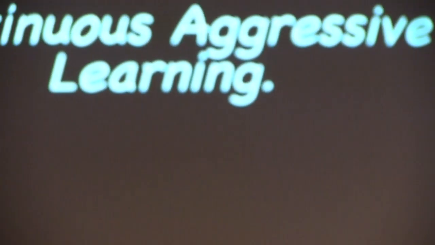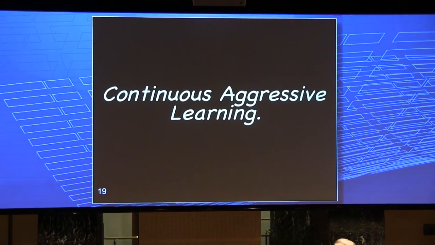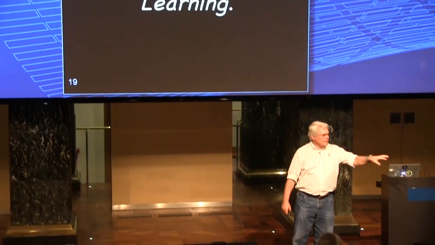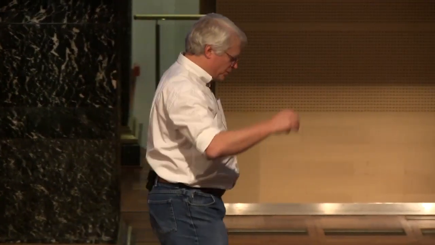I expect continuous aggressive learning. How many languages have you seen go by in the last 30 years? Let me paint just a little landscape on the computer languages for you. Does anybody remember when COBOL was actually popular?